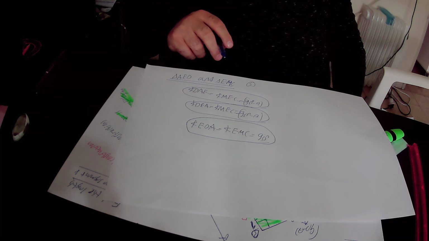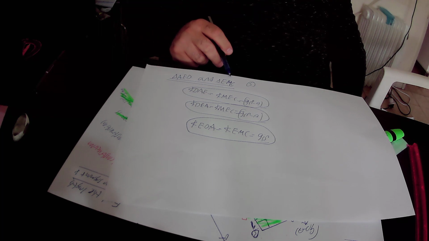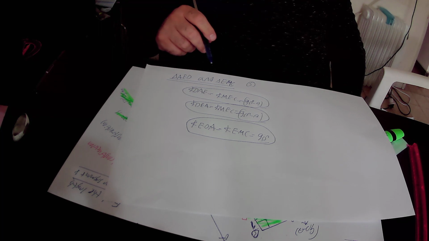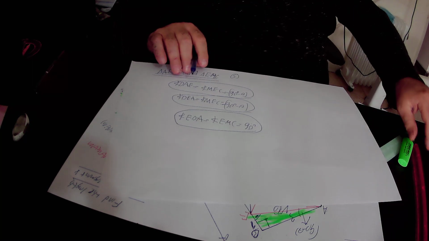So we actually proved that all the angles of triangle AED are equal to all the angles of triangle EMC, therefore those two right green triangles are similar to each other according to the angle similarity rule. So I will write it down.